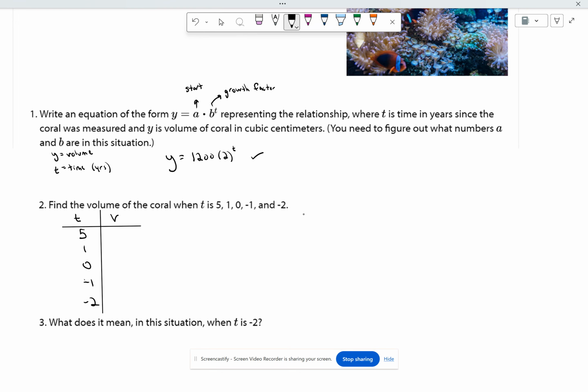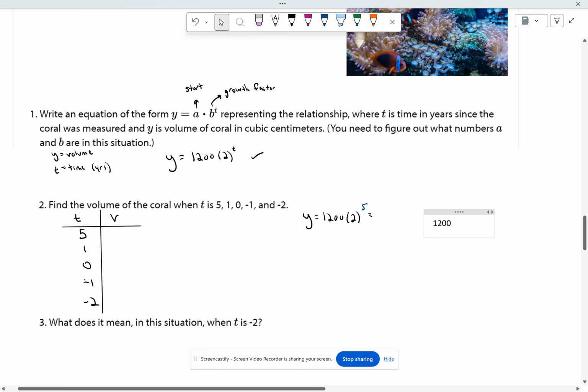Now, we have our equation already, so we just have to plug in 5. So if I take 1,200 times 2 to the 5th, I think that gives us 30,400. Let's just check that. 1,200 times 2 to the 5th.